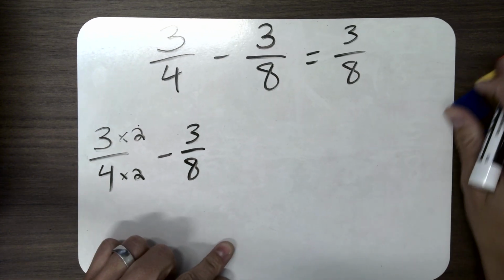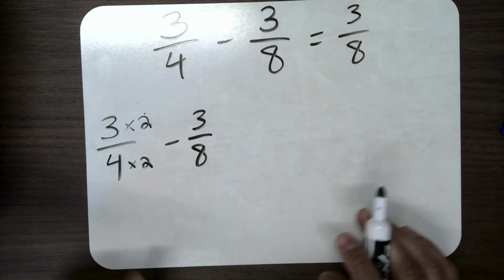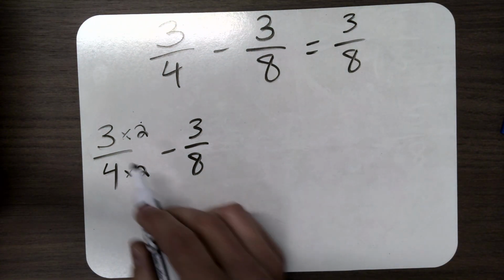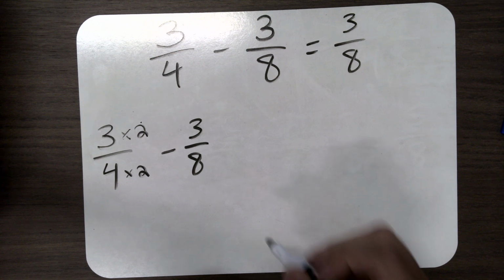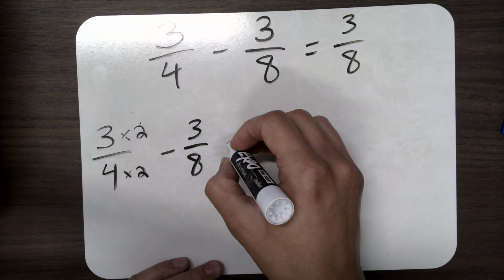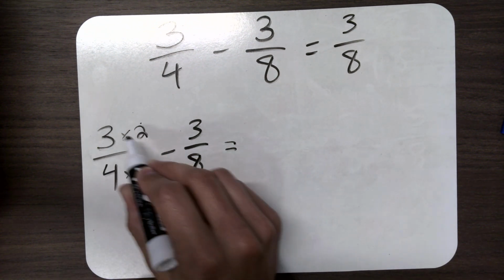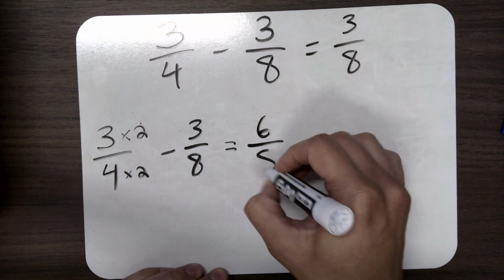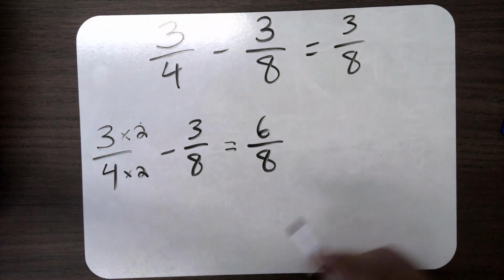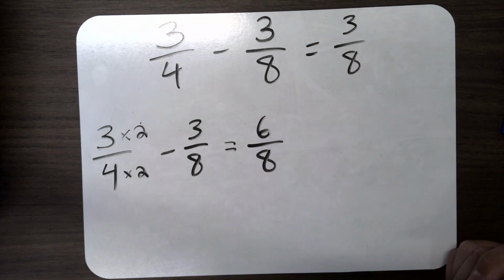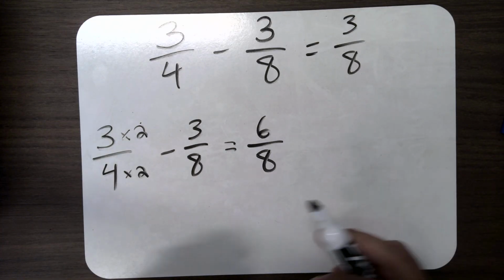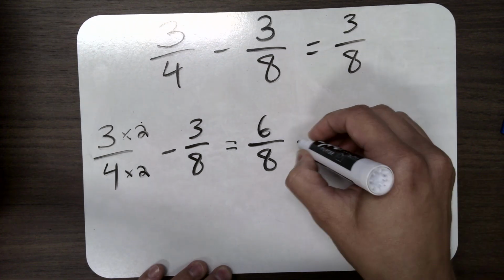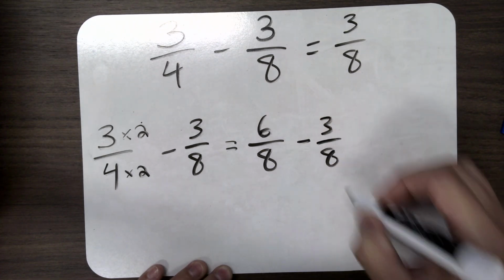Okay. So that's our standard algorithm: if our denominators don't match, the first thing we need to do is find a common denominator. So in this case, we can find that the 1/8 is the common denominator. Okay, so this 3 times 2 over 4 times 2 got us to 6/8, and that aligned with everything that we showed in those concrete models, because we eventually had only those blue pieces, only those 1/8 shown, and we wanted to subtract the 3/8.